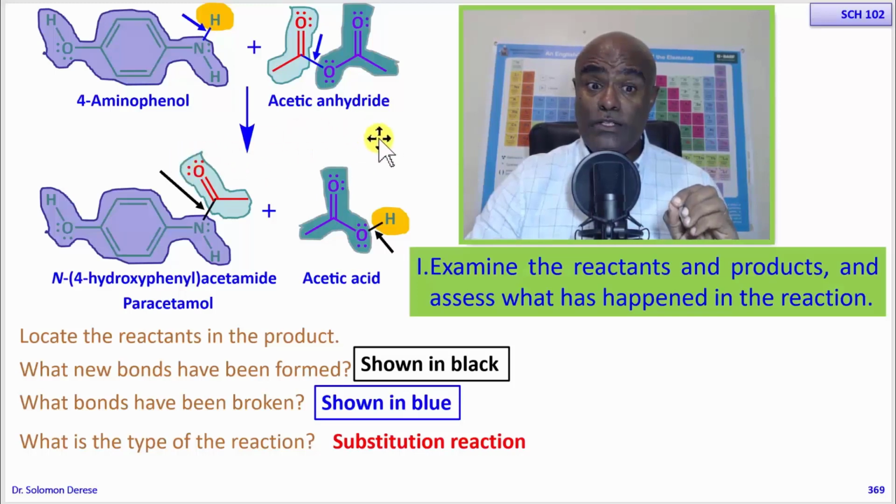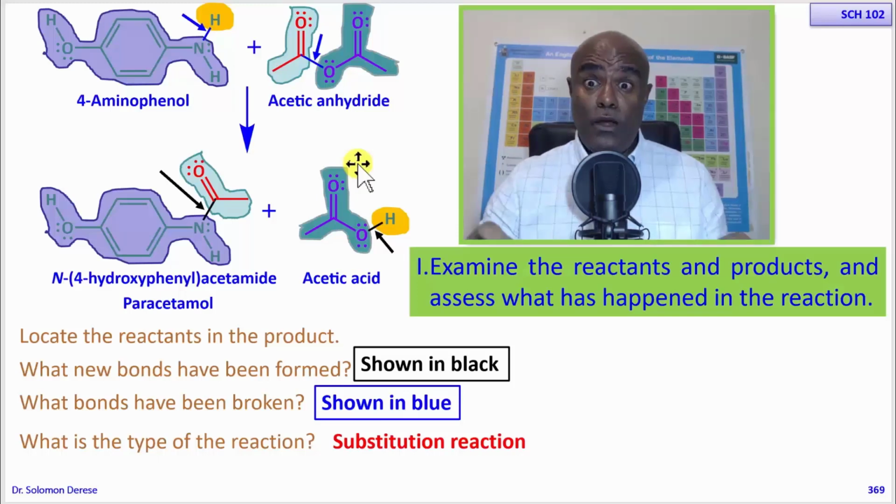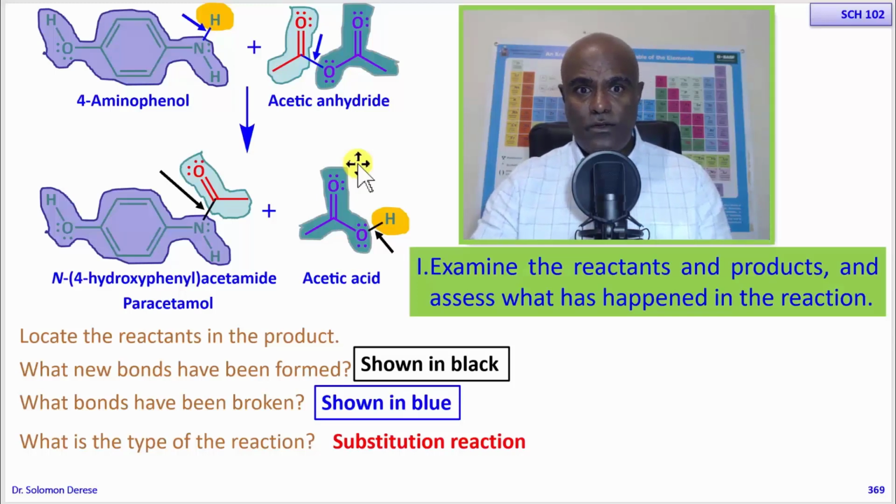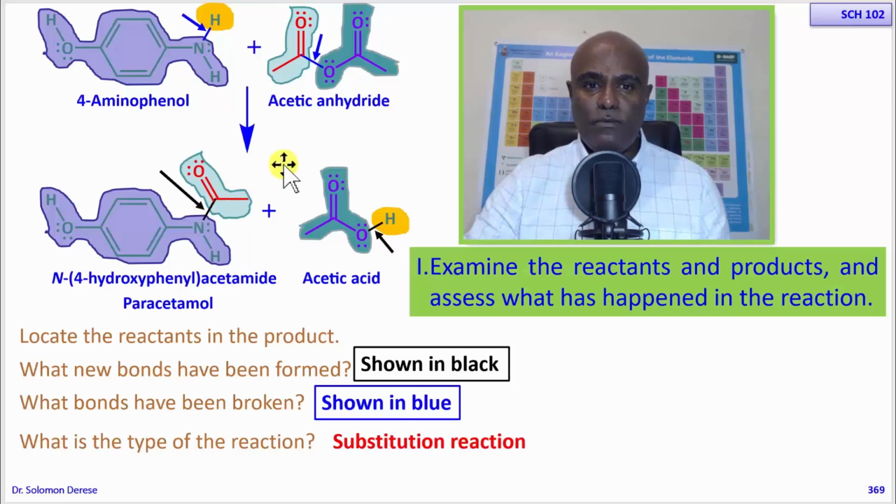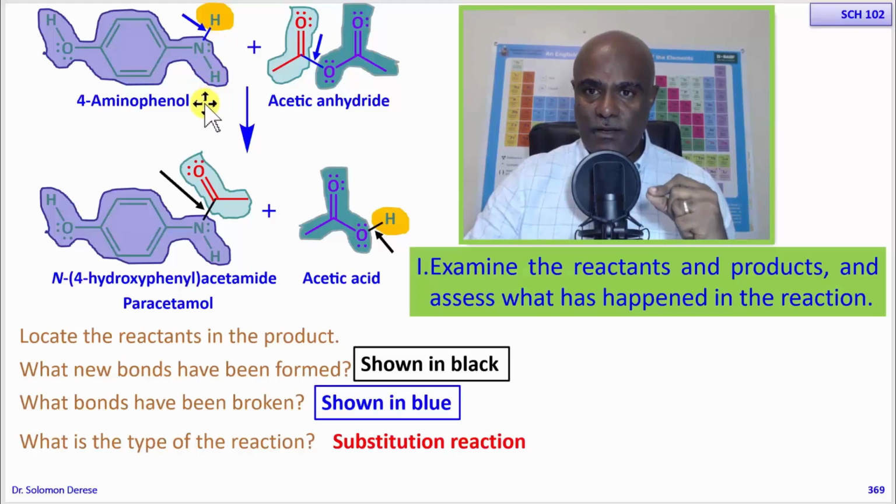So once we have located the reactants in the product, and clearly identified the bonds that are broken and the bonds that are formed, now we know where to take these curly arrows, from this one to the other one, towards the formation of this bond. So with this information, the next step is to determine which of the two reactants is the nucleophile and which one is the electrophile.